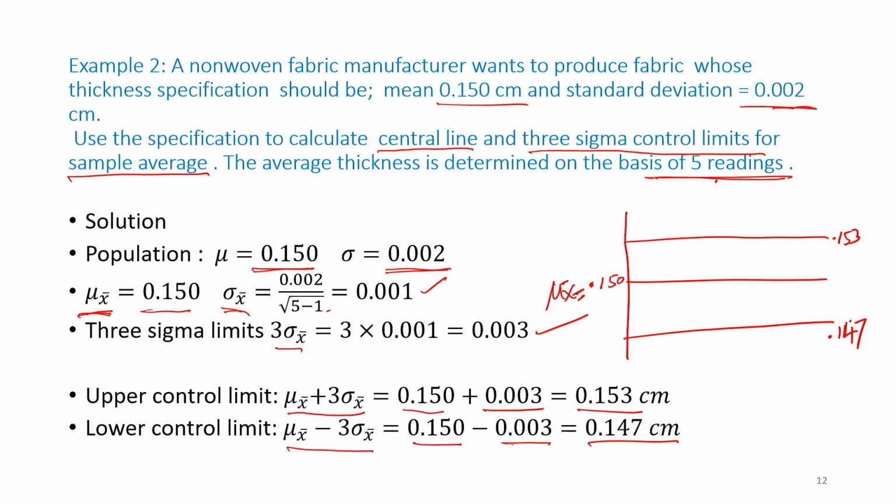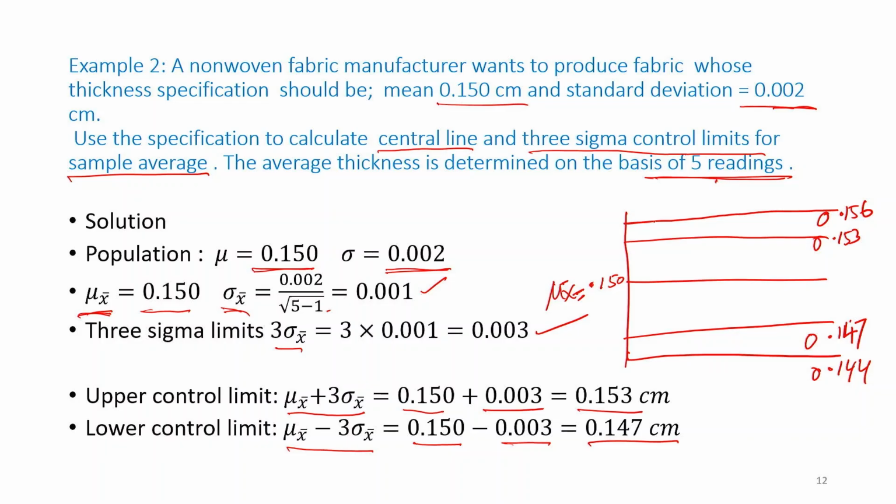That means 0.150 plus 0.006, which will make it 0.156, and the lower value would have been 0.006 less than 0.150, so 0.144.